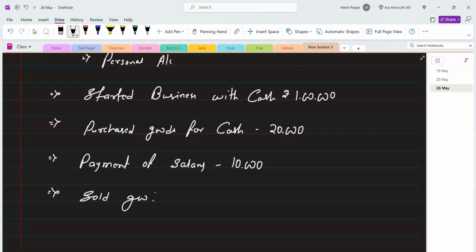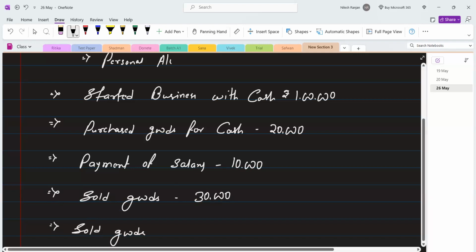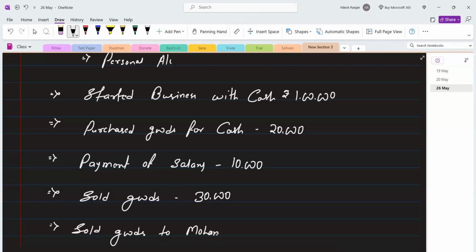Sold goods, 30,000. Sold goods to Mohan, 10,000. So these are the transactions.